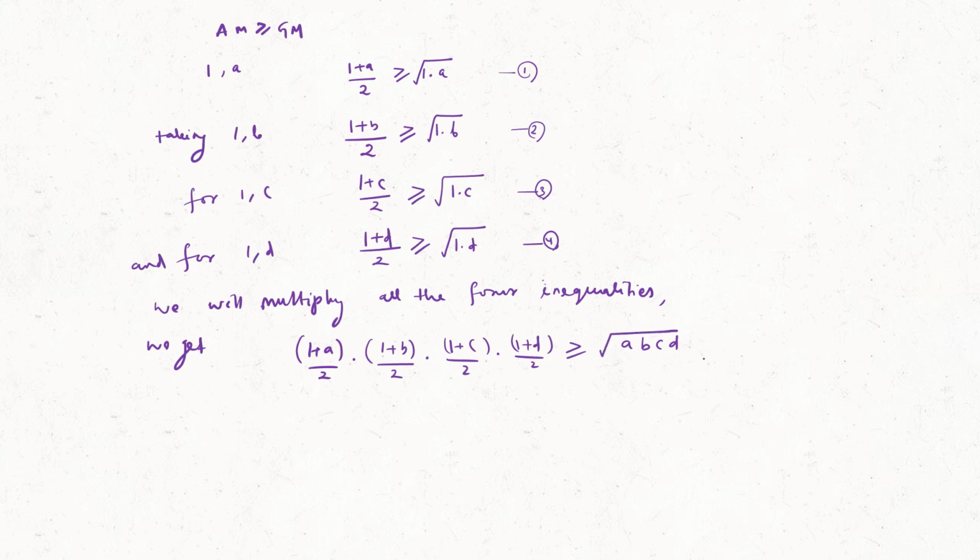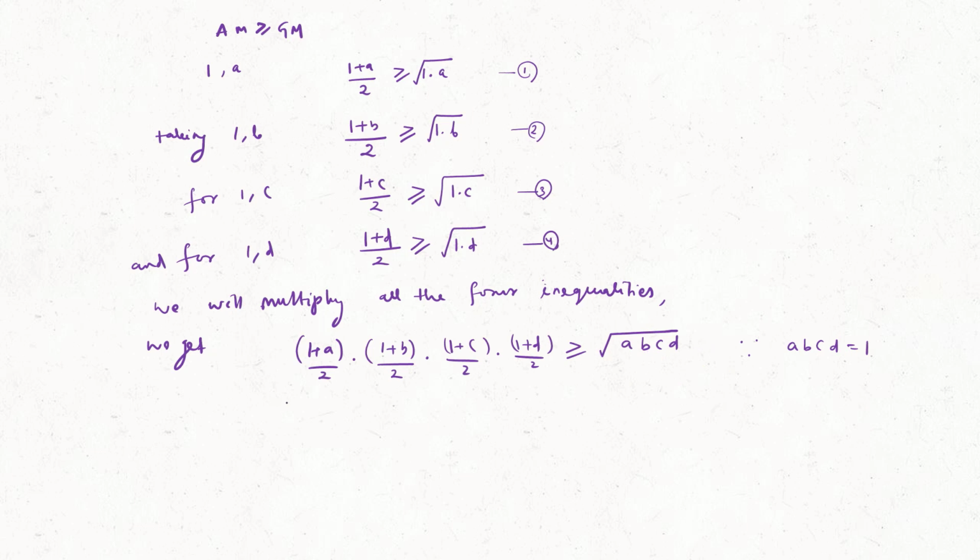In this question, we can see it is given that a, b, c, d is equal to 1. So we can put this in this inequality.